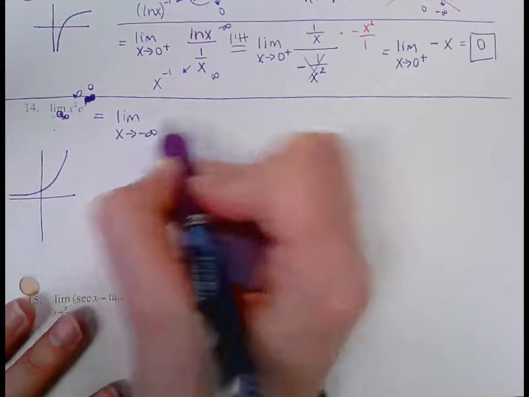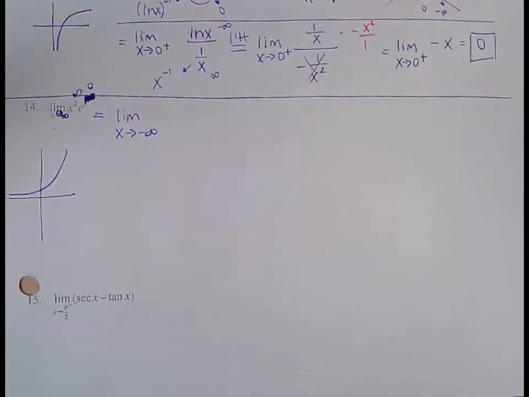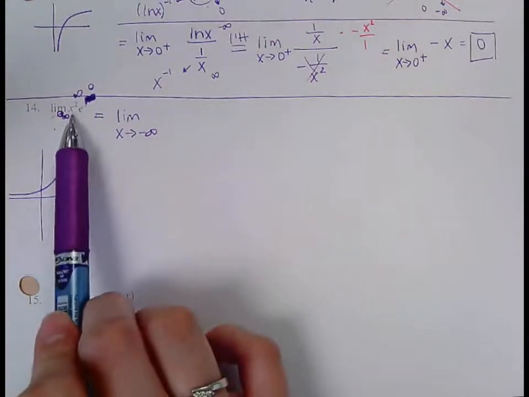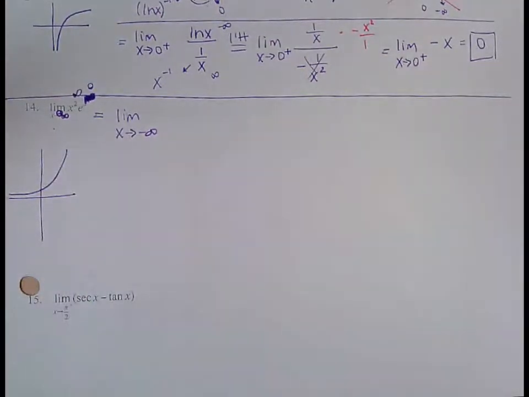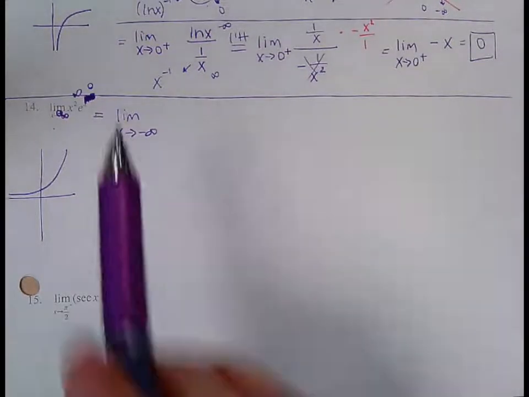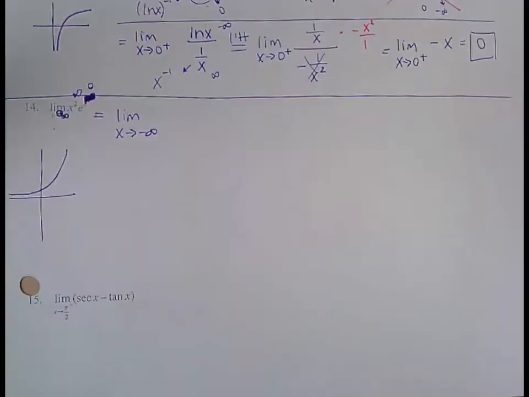Again, x is approaching negative infinity, not positive infinity. In general, I'm going to give you a helpful hint for this one. When you have a power function, x to a power, multiplied by e to the x, do not put the power function in the denominator.